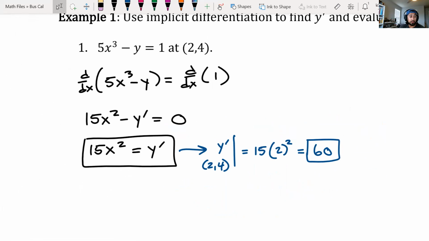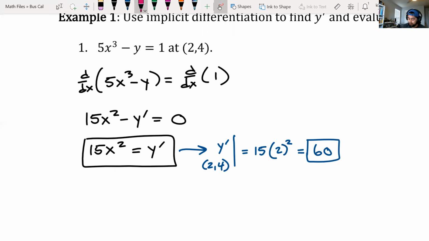So any questions on that? So you got the 2 points from the given equation, correct? Yes, so the (2, 4) came from the original problem. And we only use the 2? Yes, because it's on the x. Exactly.